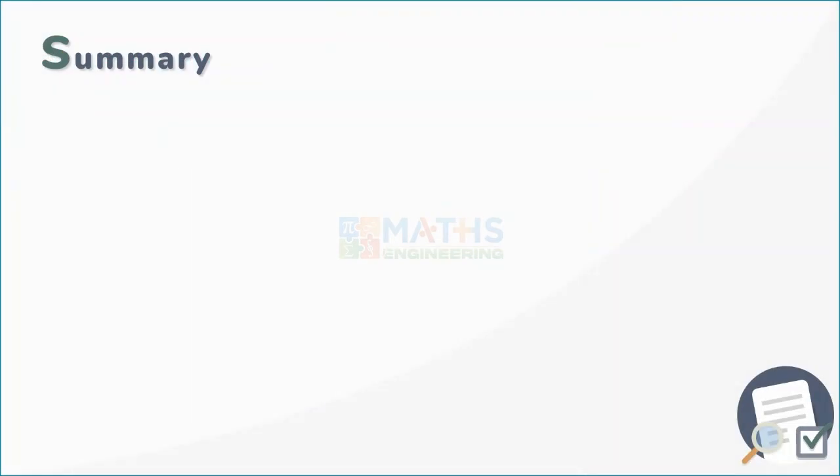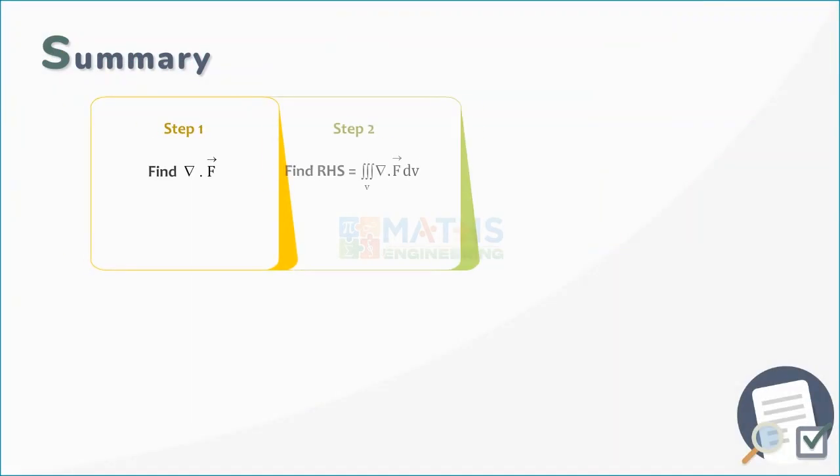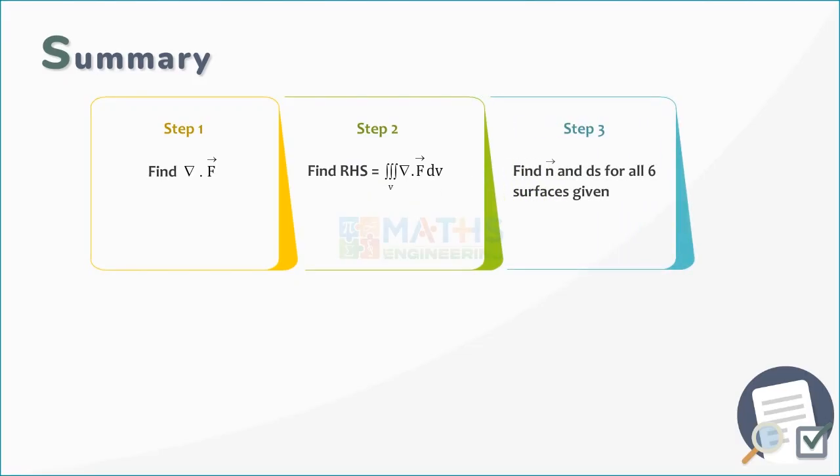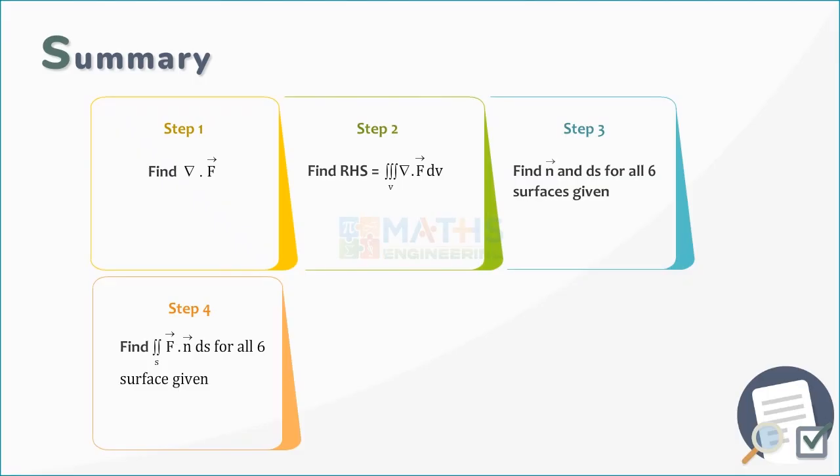Let us summarize. We first find del dot F vector value. Then we find the right hand side. Right hand side is equal to triple integral over V of del dot F vector dV. We find n vector and dS for all 6 surfaces given. Then we find double integral over S of F vector dot n vector dS for all 6 surfaces given.